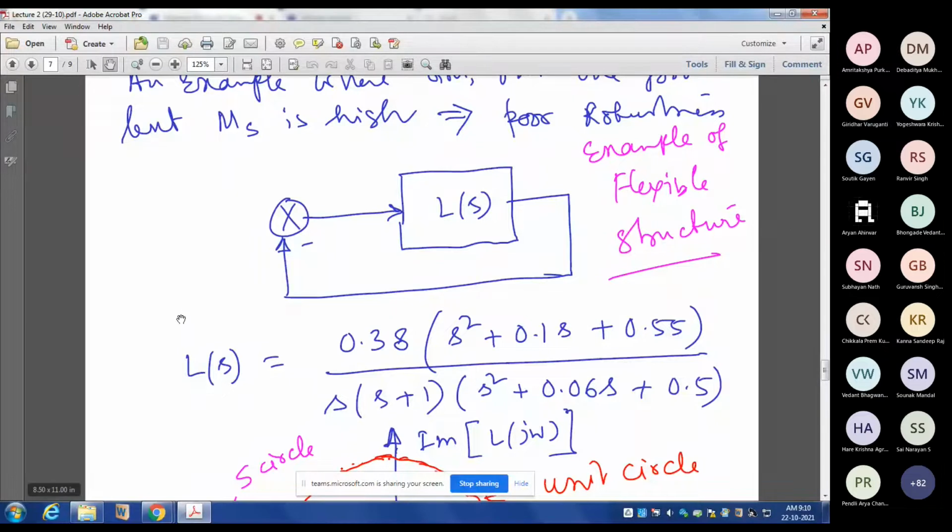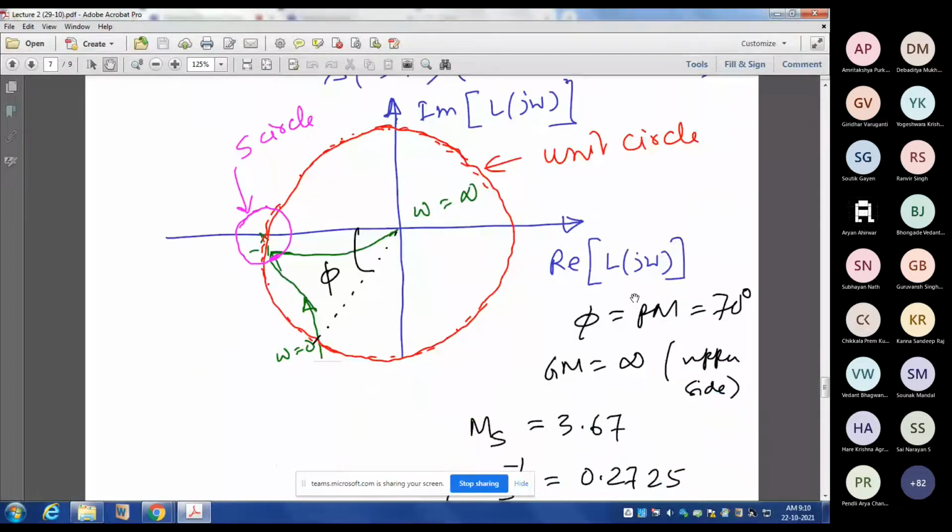If you see this kind of system, and you close the loop and want to check the gain margin and phase margin, you can see from this figure I have drawn. The plot will be like this, and the phase margin is 70 degrees.